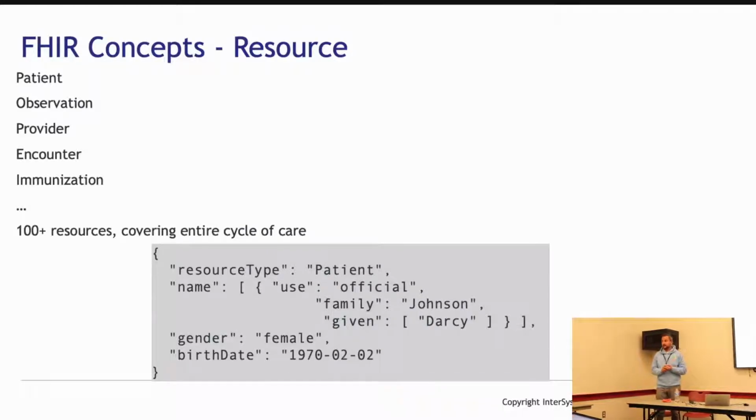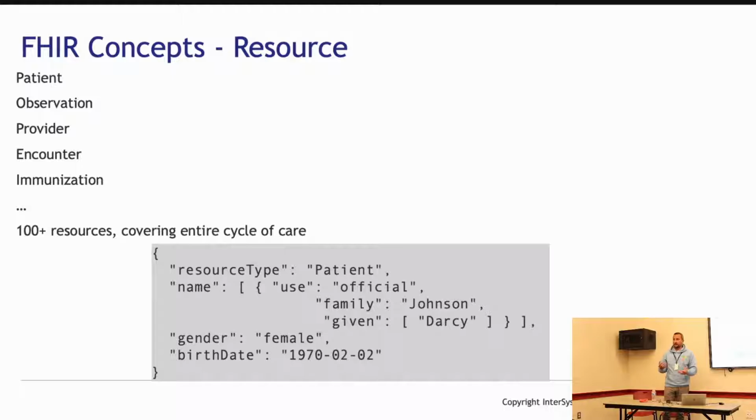The basic entity in FHIR is what is called a resource. A single resource can be healthcare related, can be environment related, can be business related. For instance, patient, observation, diagnosis, allergy. Those are your medical resources.